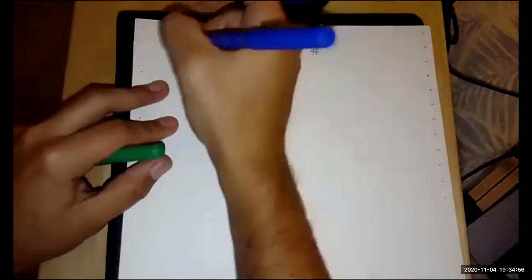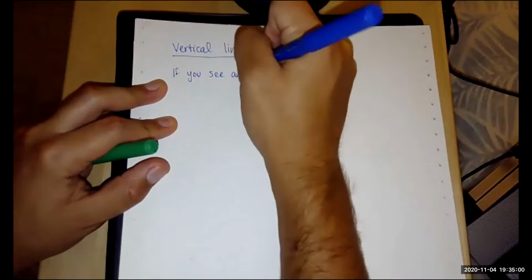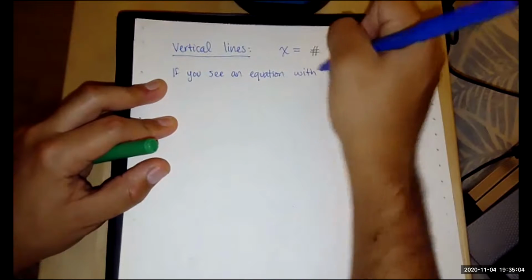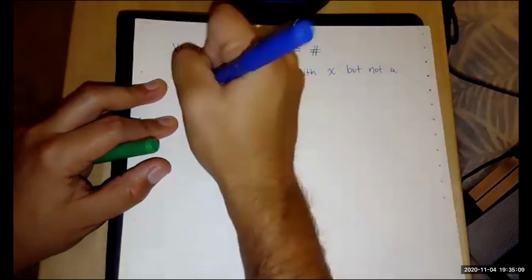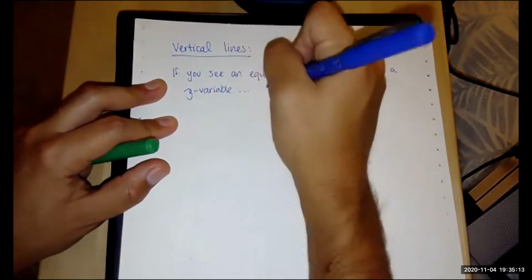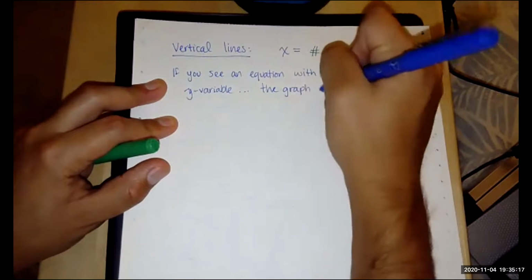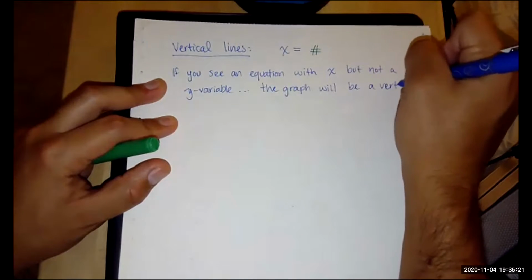So if you see an equation with x but not a y variable, the graph will be a vertical line.